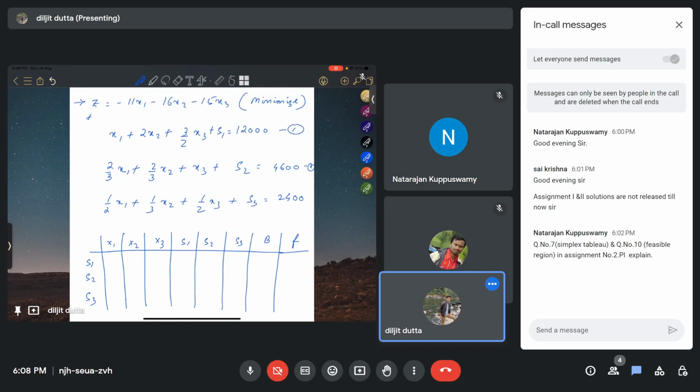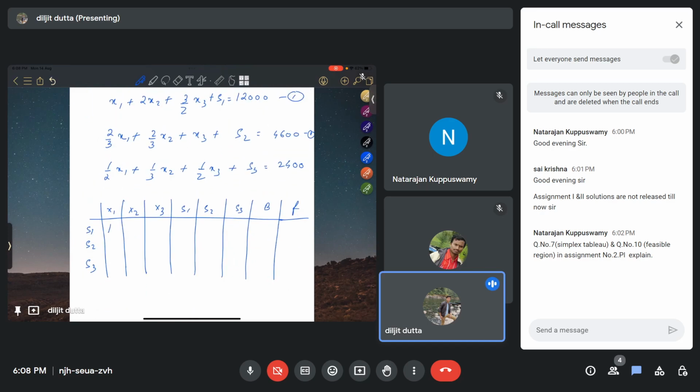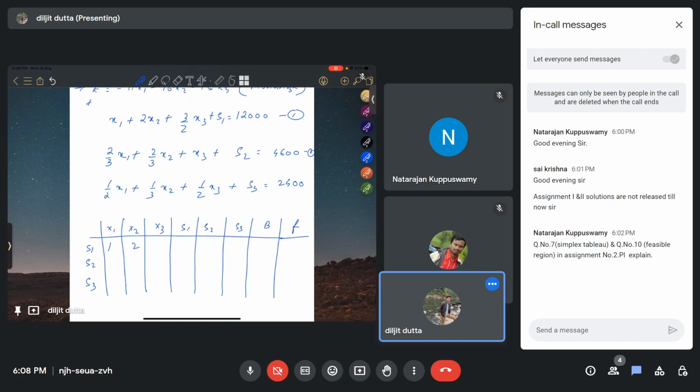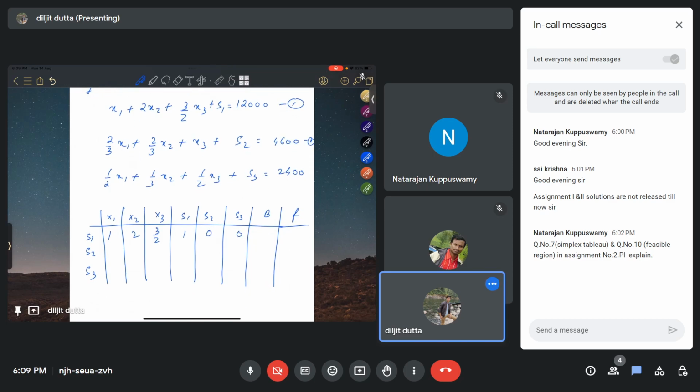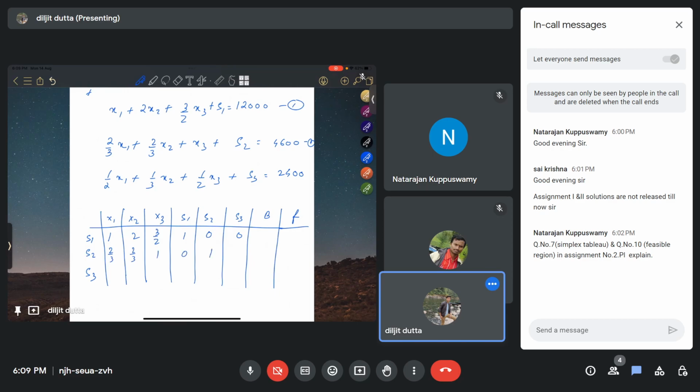For the first constraint, we have the coefficient of x1 as 1, x2 as 2, x3 as 3 by 2, s1 is 1, other two are 0. Second constraint is 2 by 3, 2 by 3, 1, 0, 1, 0. And third constraint is 1 by 2, 1 by 3. How S1 is 1, sir?